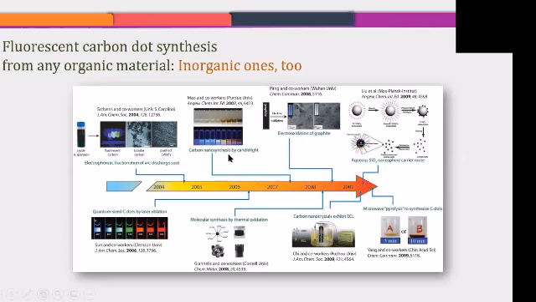So you see that they made carbon nanoparticle synthesis from candlelight. They made some by laser ablation. Another one made some from graphene, another from graphite, and so it goes on until 2014.